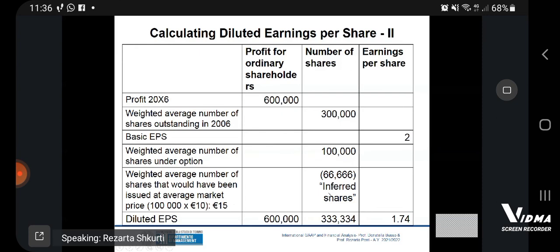So actually I have not issued 66,666. This is an assumed, an inferred number of shares, but this would have been issued if I had followed the regular price of the market. Instead, I followed a lower price, which is 10 euro, and I raised the same amount of money. Do you get the notion of the inferred shares in case of options?